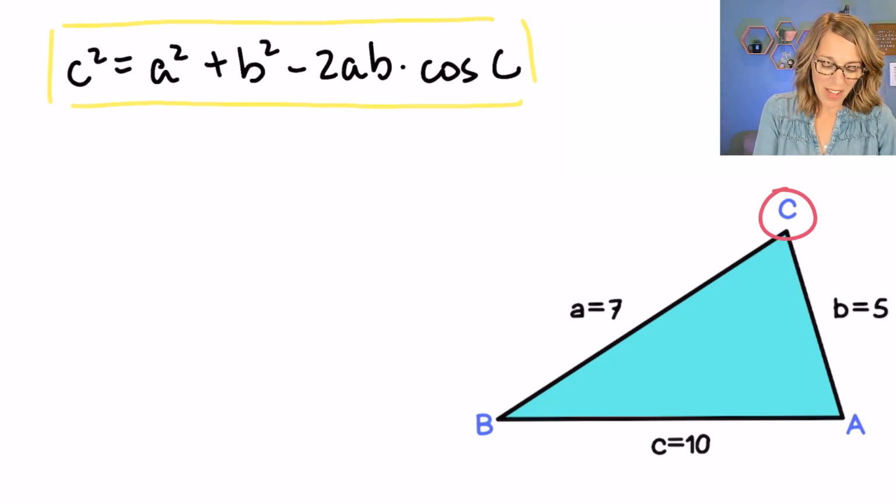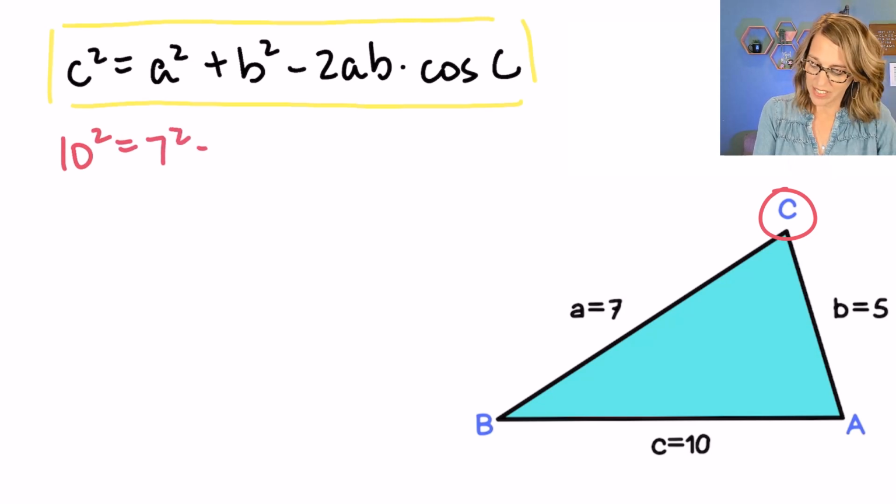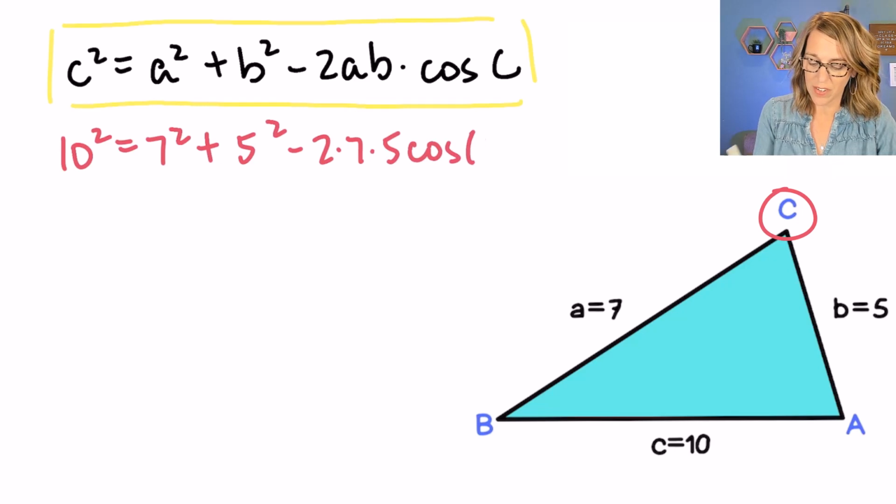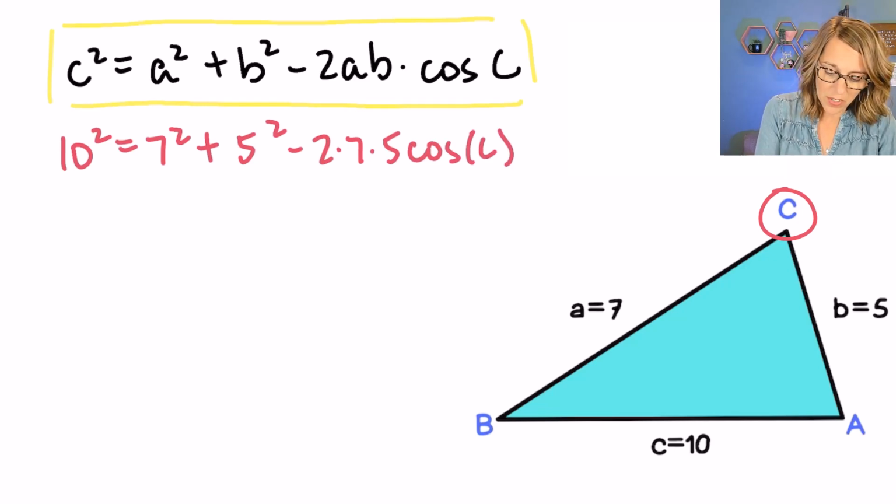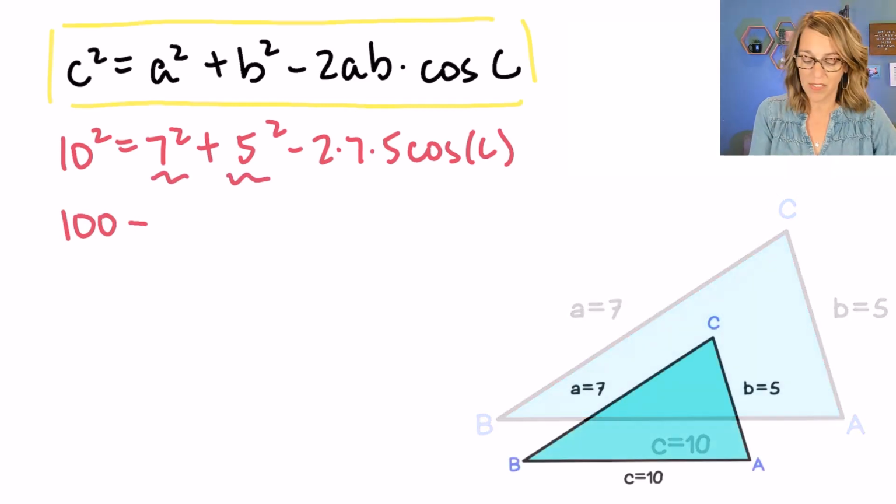Now I'm going to plug in the values that I know for a, b, and c, those sides. So that gives me 10 squared is equal to a squared, so that's 7 squared plus 5 squared minus 2 times 7 times 5 times the cosine of angle C. So I want to do 100 minus, let's go ahead and subtract the 7 squared and subtract the 5 squared.